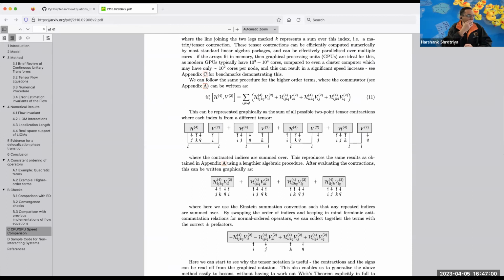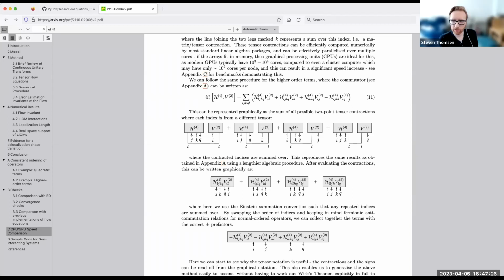These contractions, if you write them as matrices, you know which index to contract as well, right? Because numerically, even tensors are represented by, say, 3D matrices or higher order like that. So I'm wondering, is it the GPU that's providing the advantage, or is it something about the notation itself?